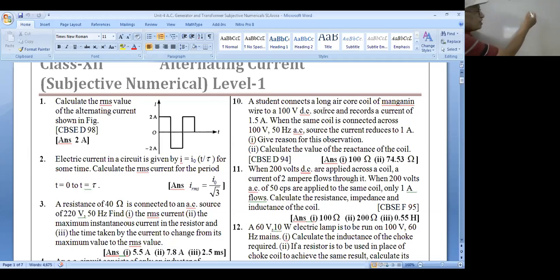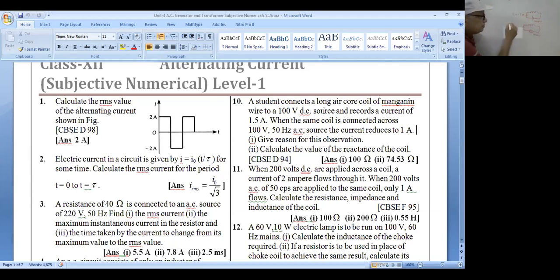See, this is a coil. Suppose you connect DC, you are getting the current in this case. First, I1 is equal to 1.5 ampere. The voltage source is the same, 100 volt. Again we are taking the same coil and the same 100 volt, but here it is AC.